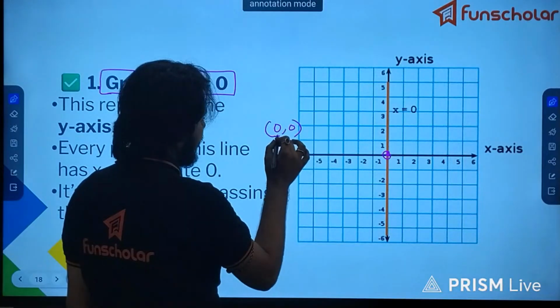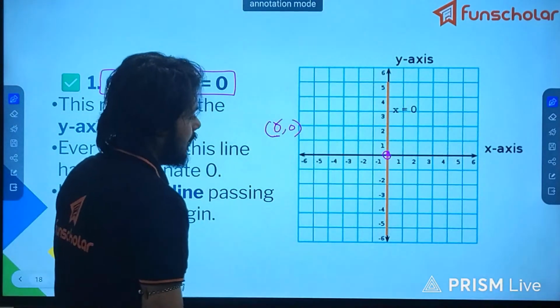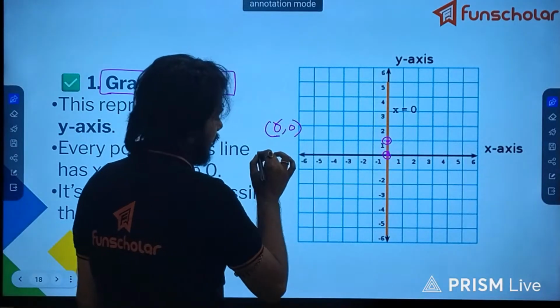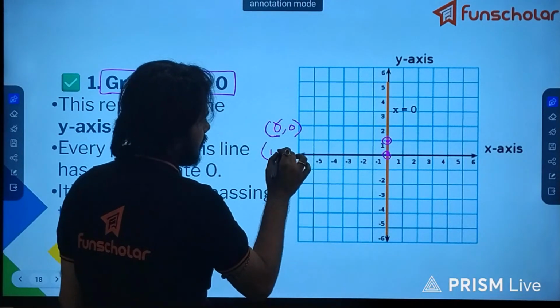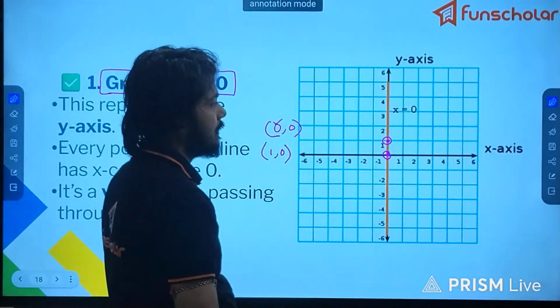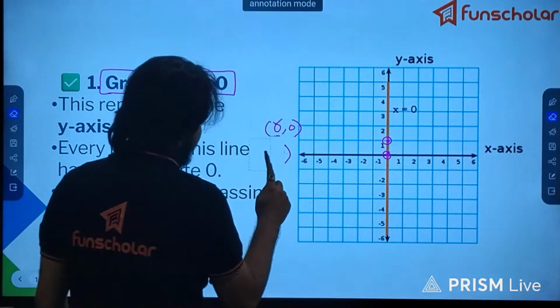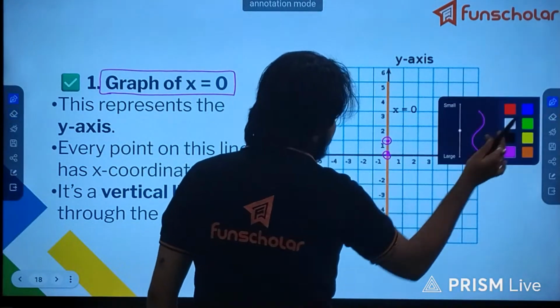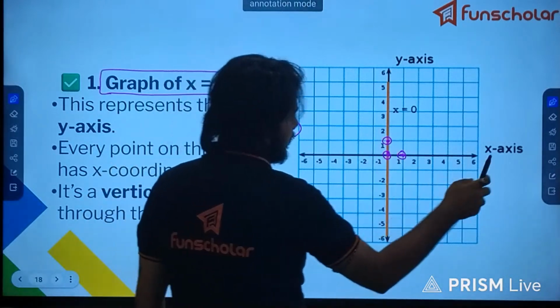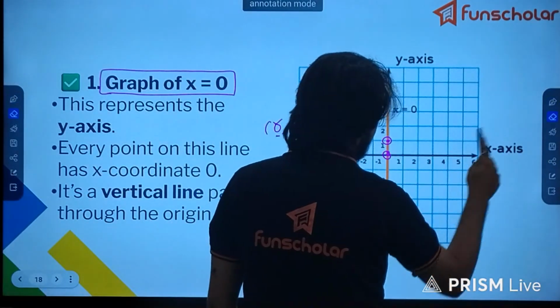As you can see here, the x is 0. Now if I ask you what is the coordinate of this point, you will say that 1 comma 0. I will say no, sir, it is wrong. This is 1 comma 0, but this is 0 comma 1.